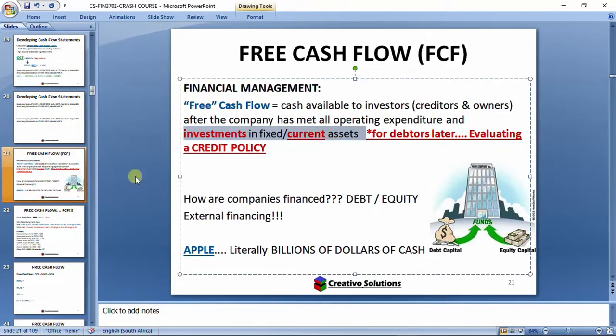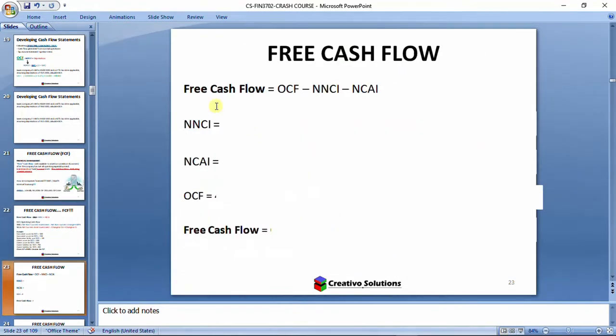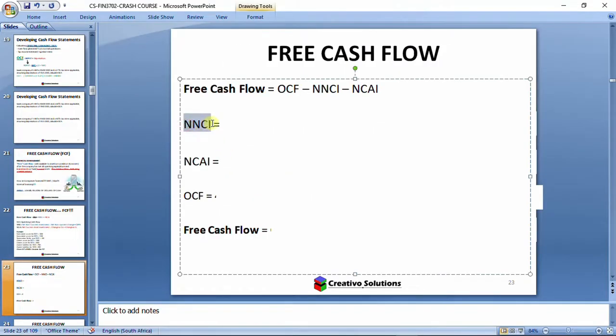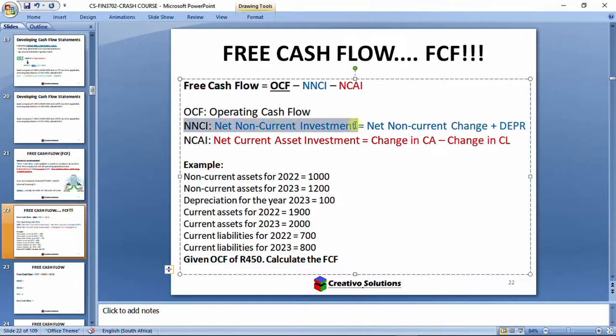Okay, let's start off. I've got the workings here. I've given you more space just so that you can complete all of these. Let me start with this one, NNCI. This is the net non-current investment. To calculate that, you need the net non-current change.